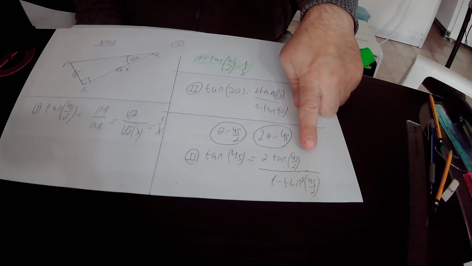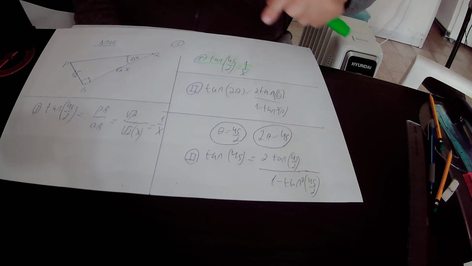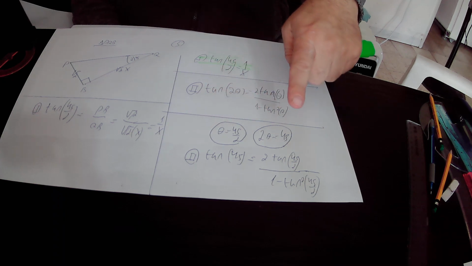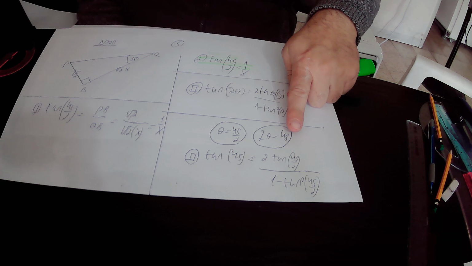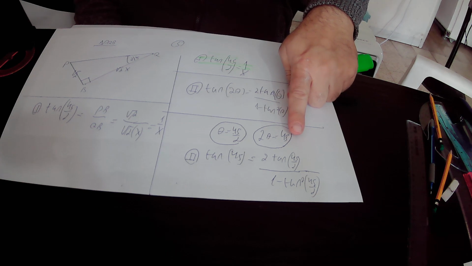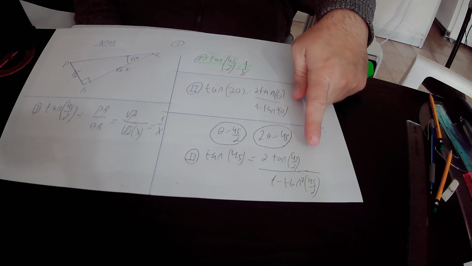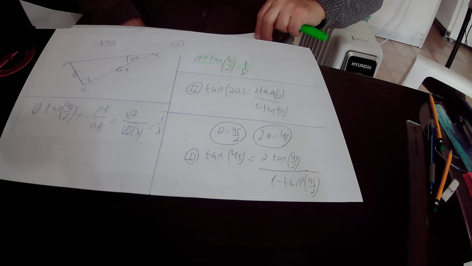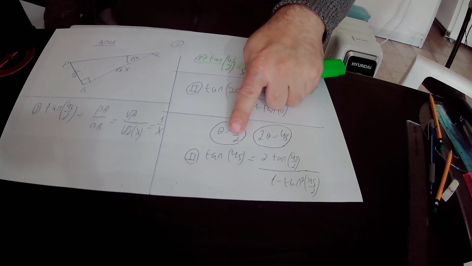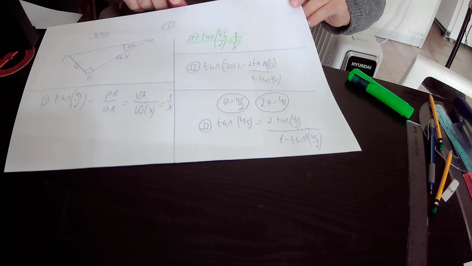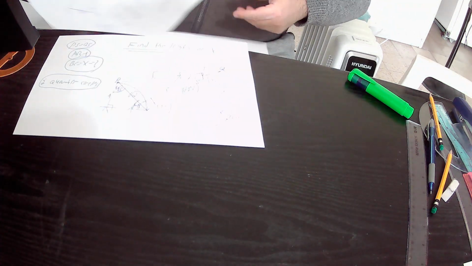And we know that tangent 45 degrees is 1. So in conclusion, according to equation number 2, 1 equals 2 times tangent 45 over 2 degrees over 1 minus tangent square 45 over 2 degrees.